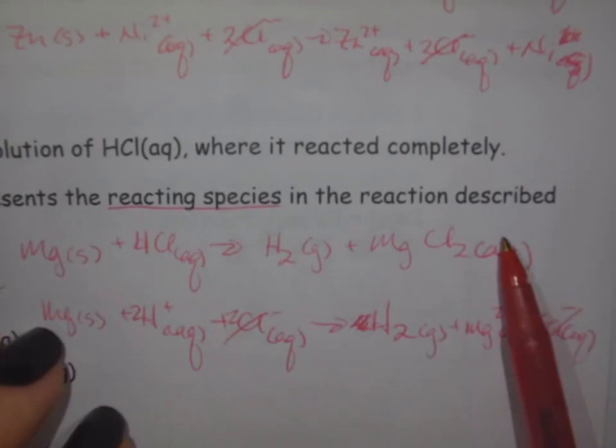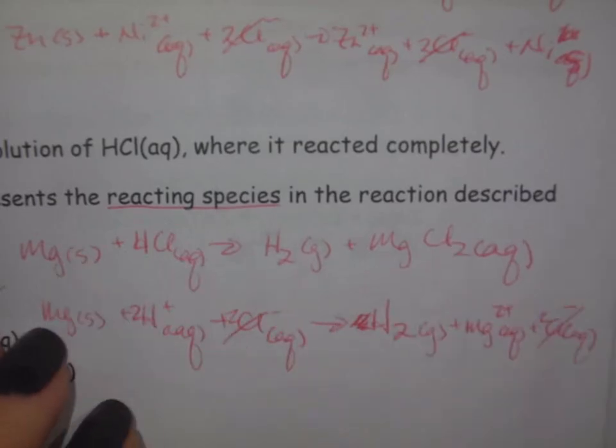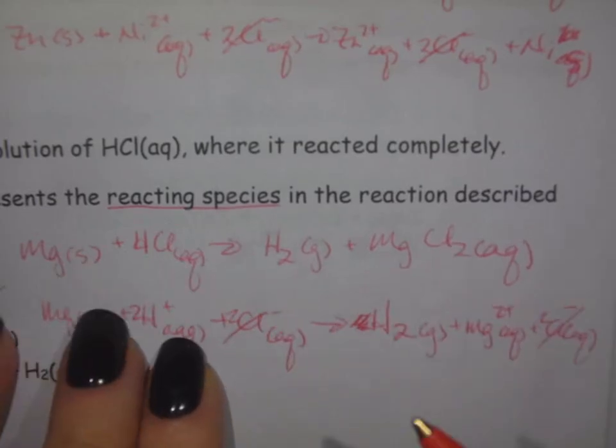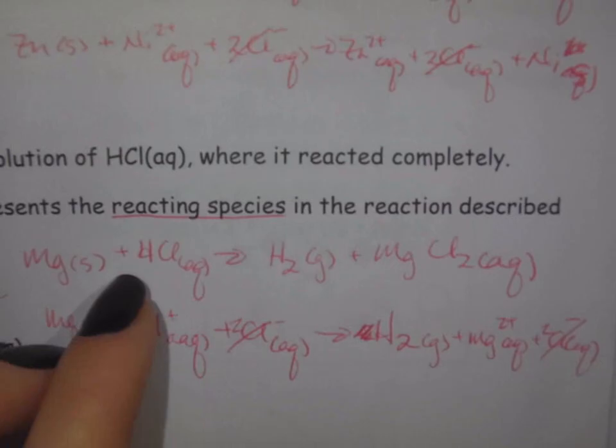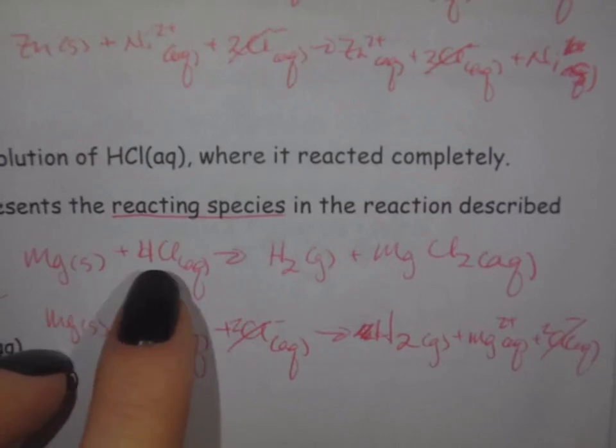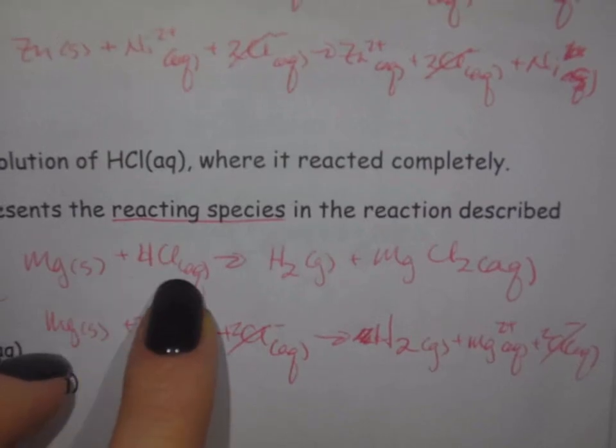That's the reaction. You need to balance it, and then you need to figure out the net ionic. And don't forget to break apart this strong acid, the HCl, into an H+ and a Cl-. There's one more like that I need to talk to you about, and that's number 9.